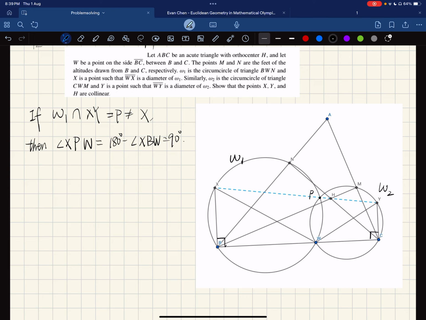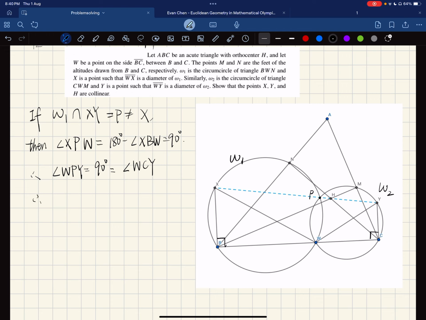Since we have assumed X, P, Y are collinear, we have angle WPY equals 90 degrees, because it is 180 degrees minus 90 degrees, and it equals angle WCY.